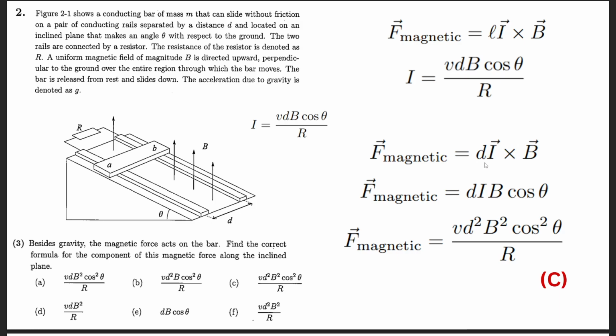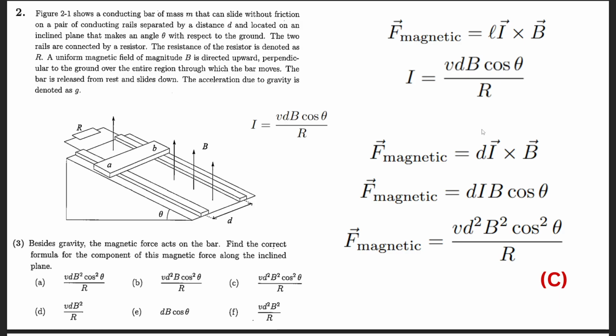To remove the cross product, just like before, the vectors of I and B have to be perpendicular to each other. Since I is along the inclined plane and B is perpendicular to the ground, we should use the B that is perpendicular to the inclined plane, and that is B cosine theta.